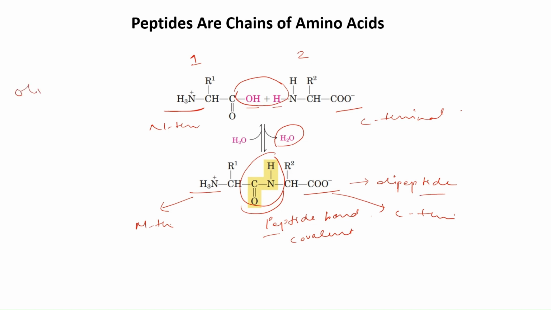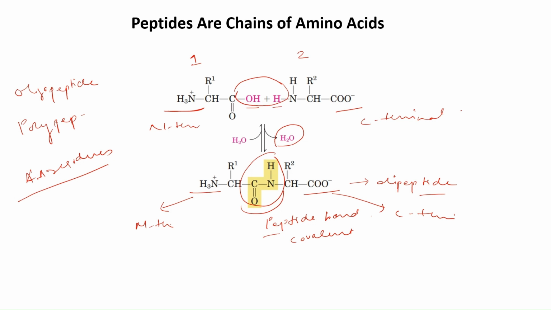What are oligopeptides? When a few amino acids are linked together. What are polypeptides? When many amino acids are linked together. After the formation of a dipeptide, oligopeptide or polypeptide, the amino acids are known as amino acid residues. They no longer remain amino acids. Why? Because a water molecule is removed.